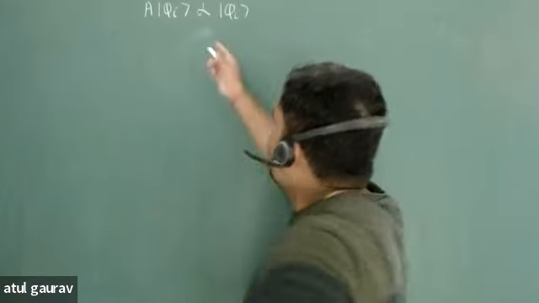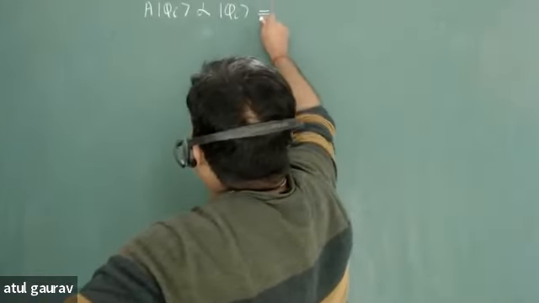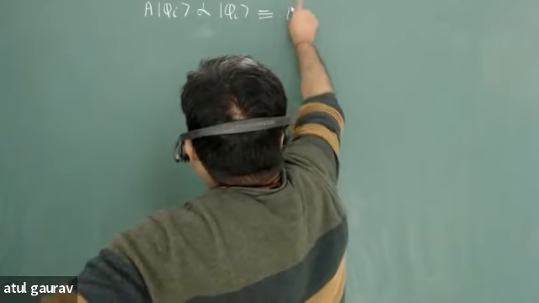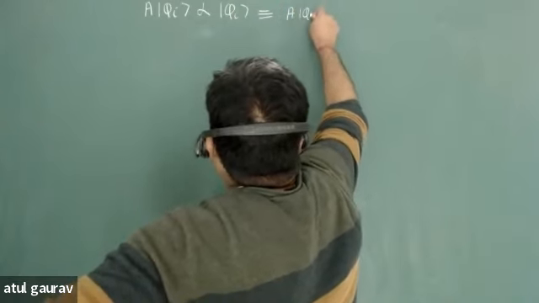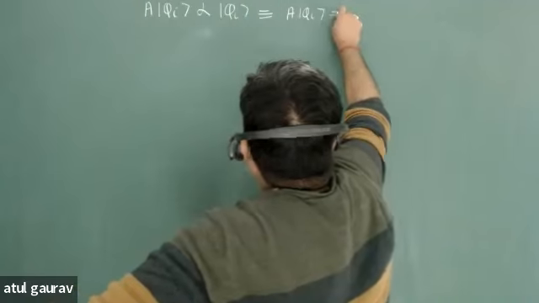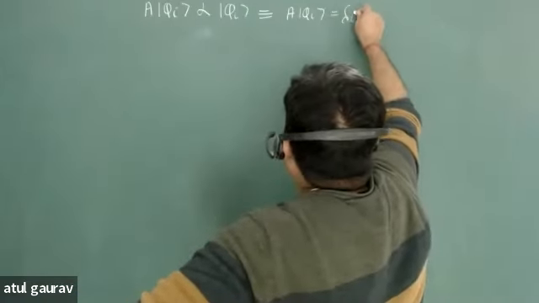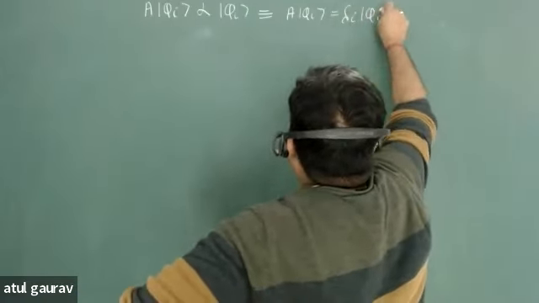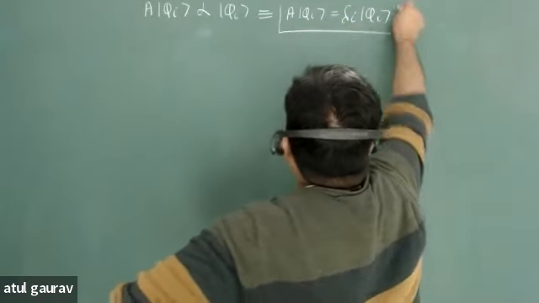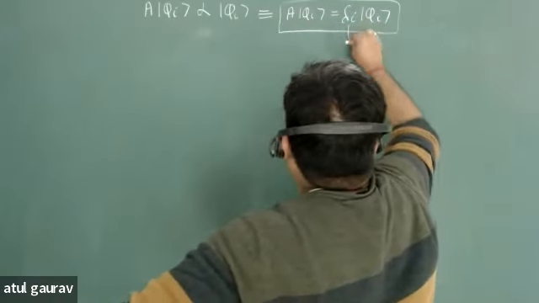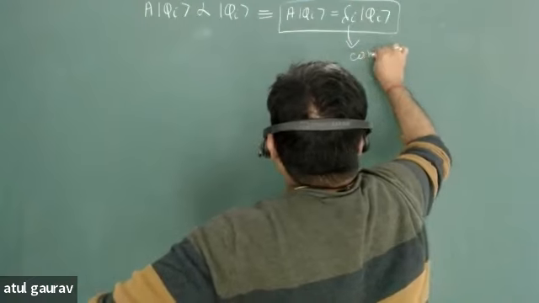Then obviously there is some proportionality constant, and I can write A phi I is equal to lambda I phi I. This lambda I is some constant.